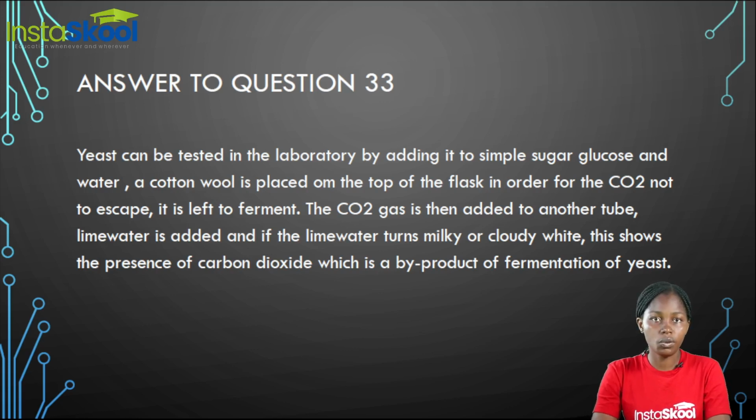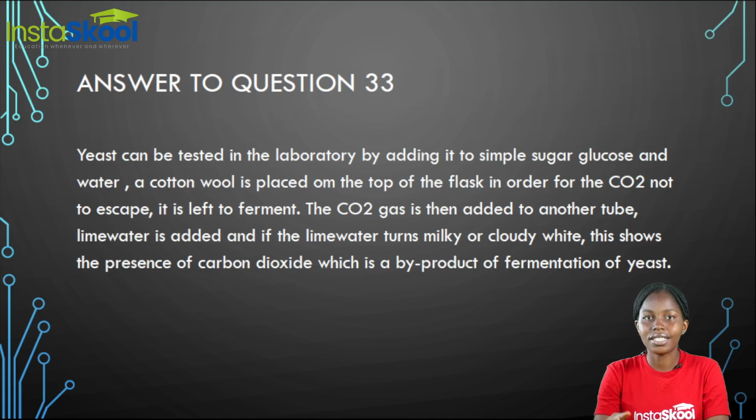And how do we do this? We do it by adding simple sugar, that is glucose, to the yeast in a beaker or in a container. Afterwards, a cotton wool is placed on the top of the flask in order for the gas not to escape. Then the glucose and the yeast is left to ferment.